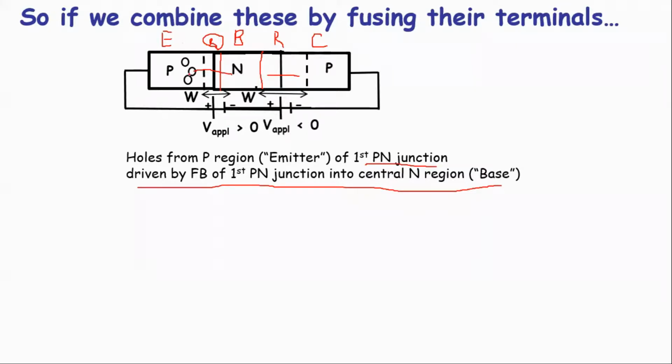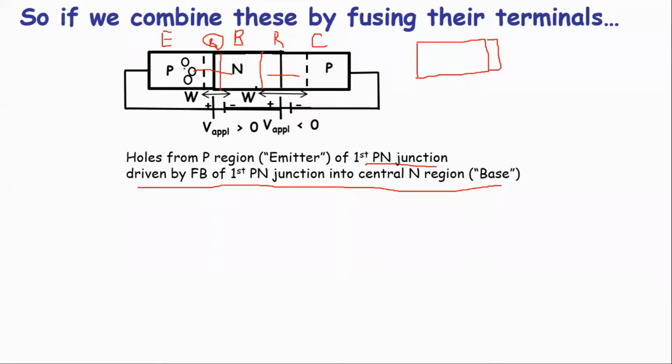In P type semiconductor, holes are majority carriers. Here, electrons are majority carriers. Here, holes are majority carriers. Now, when you forward bias the PN junction, just focus on this area. Holes will be pushed into the base. We already know the emitter is larger in size as compared to the base, so more holes will be pushed into the base.